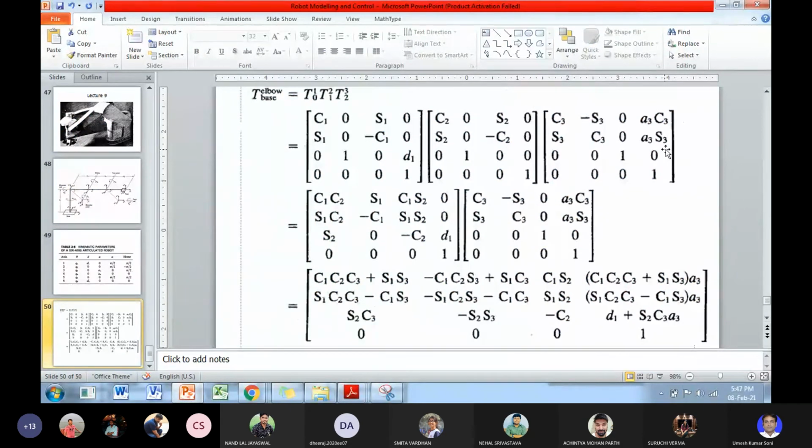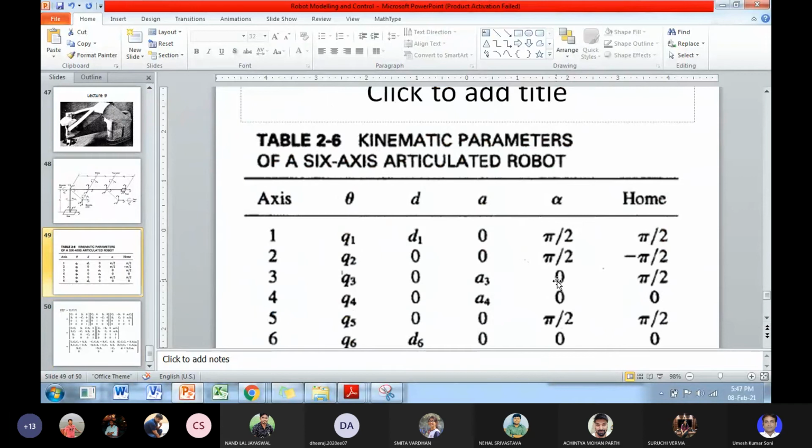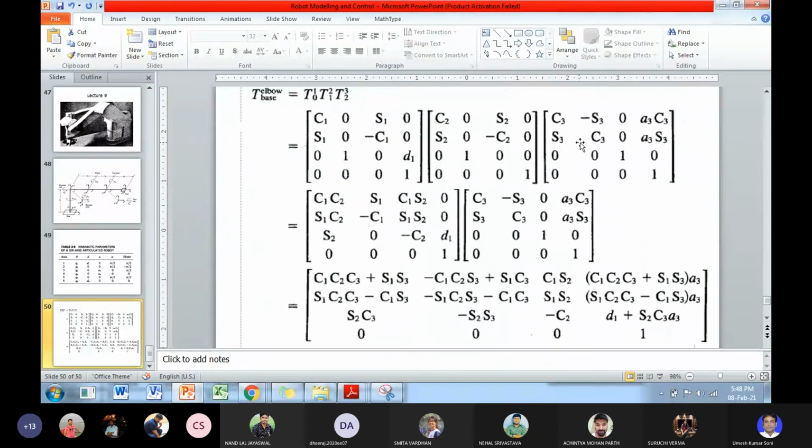and remaining component here it is same because there is no variation in alpha. There is alpha equal to 0, so only one transformation will be there, that is rotation of angle theta 3.